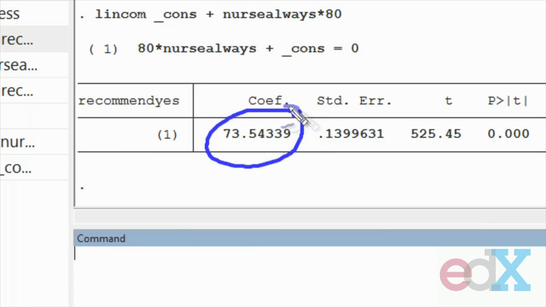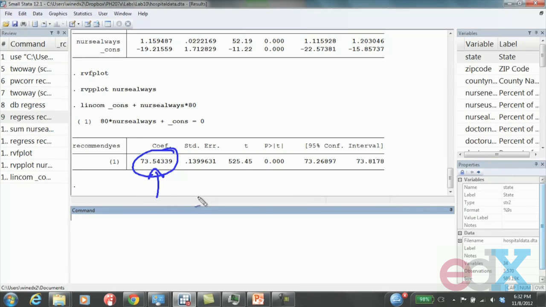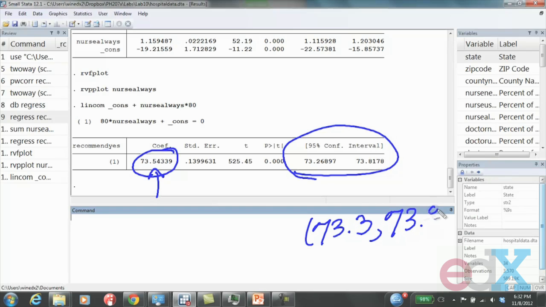And I see that the predicted value of the mean of yi when xi equals 80 is 73.54. It also gives me a 95% confidence interval for the expected percent of patients who always recommend the hospital. So my 95% confidence interval for this mean is 73.3 to 73.8.